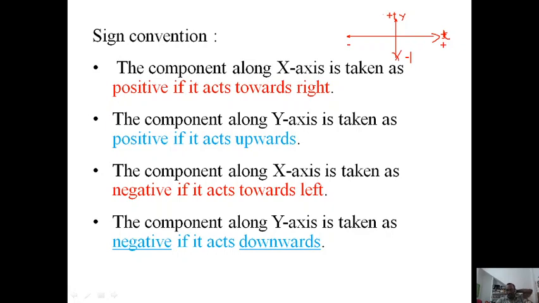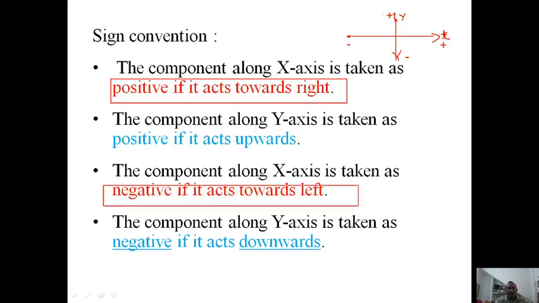So the component along the x-axis is taken as positive if it acts towards the right. The component along the x-axis is taken negative if it acts towards the left. And these both deal with the left and right.